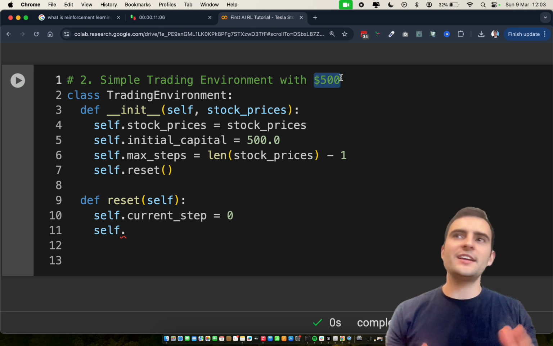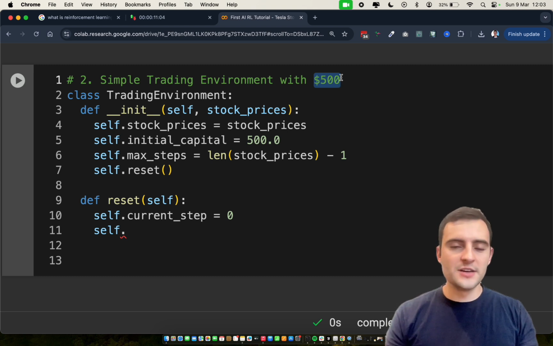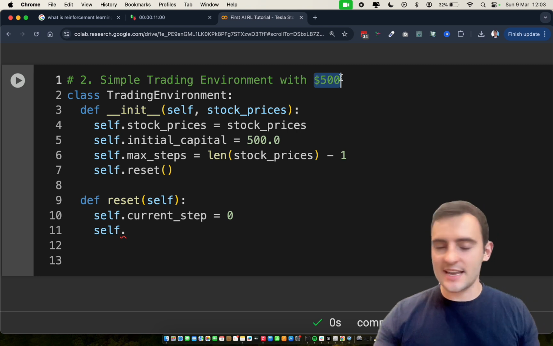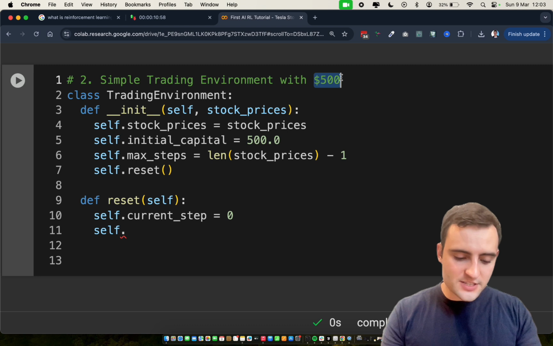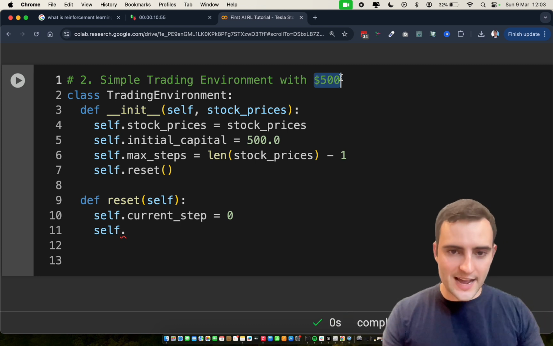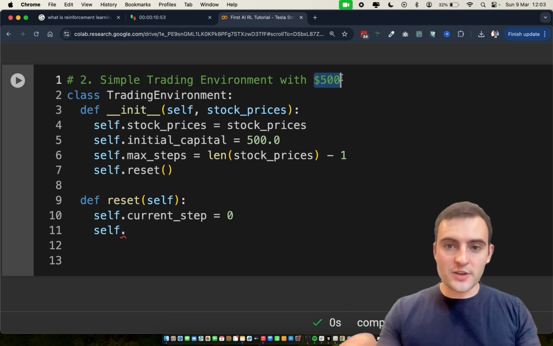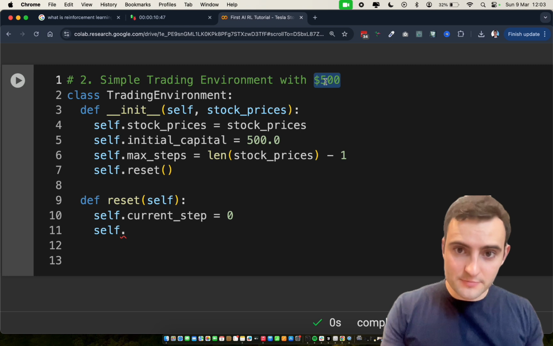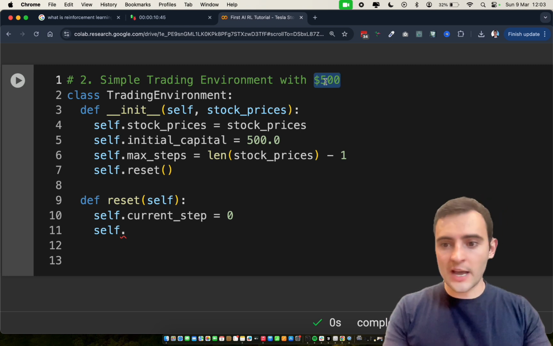Let's say when you're giving an AI algorithm something to do, you have to say, what can it do, right? How many actions can I take? So we're gonna say, for simplicity's sake, you can only take 3 actions, which is you can buy stock of Tesla using this $500. You can hold it, meaning if I've already bought it, I'm not going to do anything.